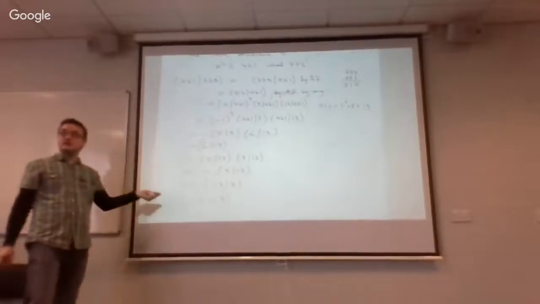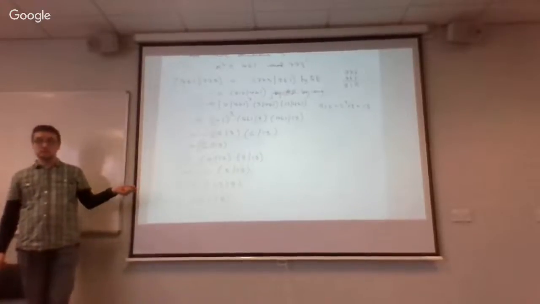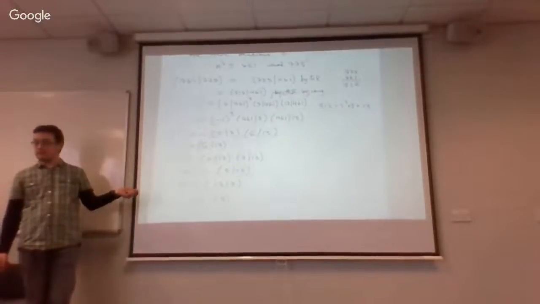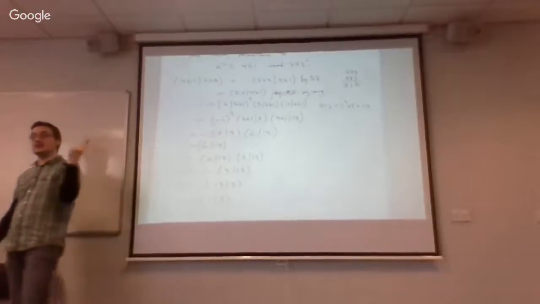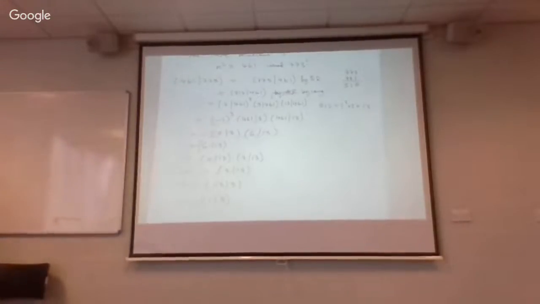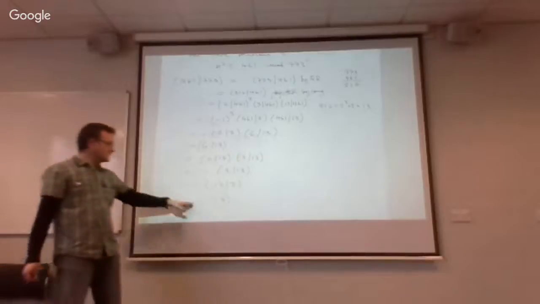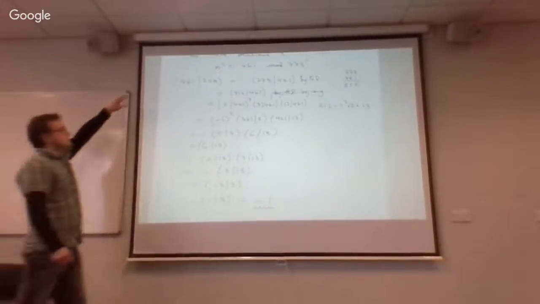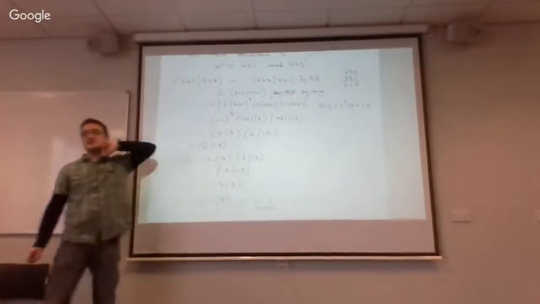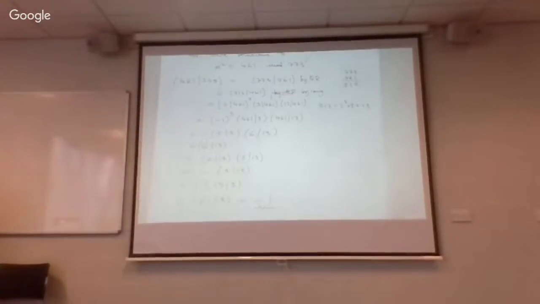Is 1 a quadratic residue modulo 3? Yeah, 1 is always a quadratic residue because 1 has the square root plus or minus 1. So this is minus times plus 1, so it's minus 1. So this equation seems to not have solutions.